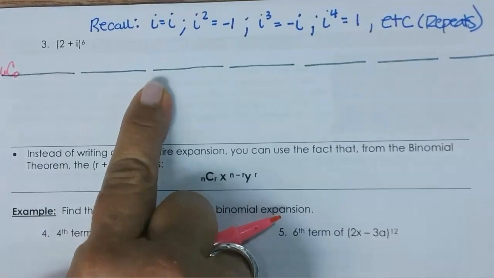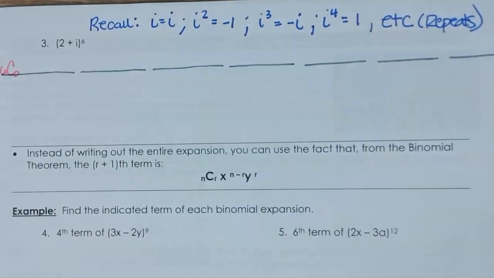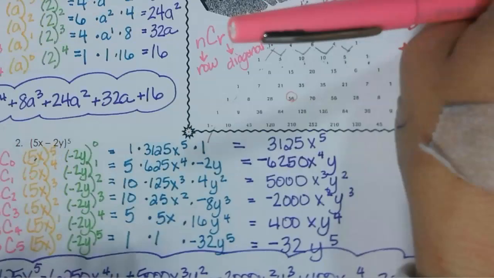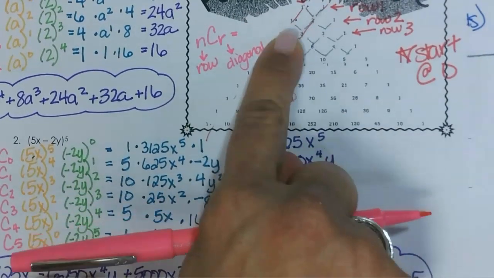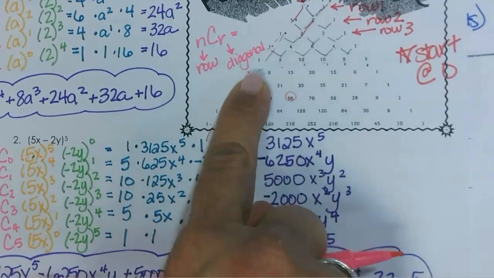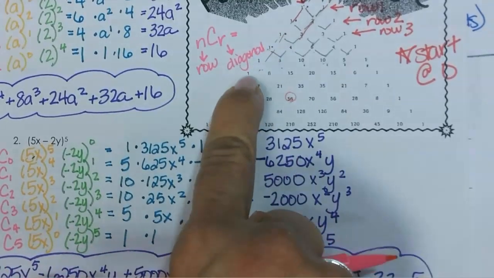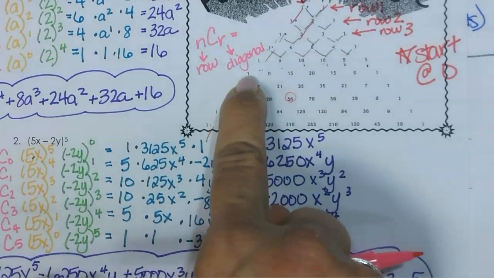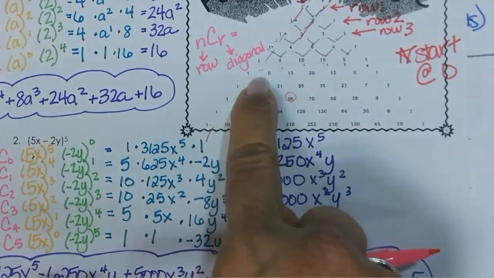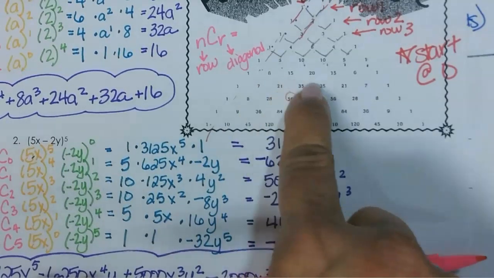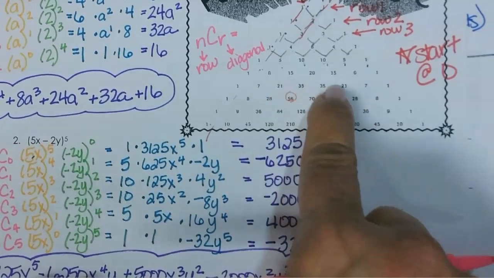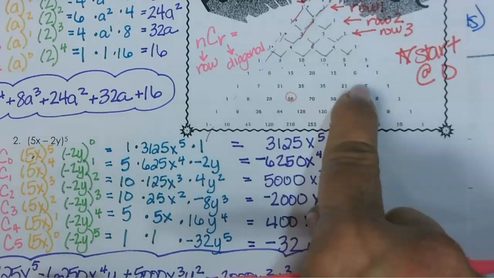If you want, we could think about what that would be with Pascal's triangle. We could bust that out if we wanted. We could go to row 0, 1, 2, 3, 4, 5, 6. And so the coefficients that we're going to need are 1, 6, 15, 20, 15, 6, and 1.